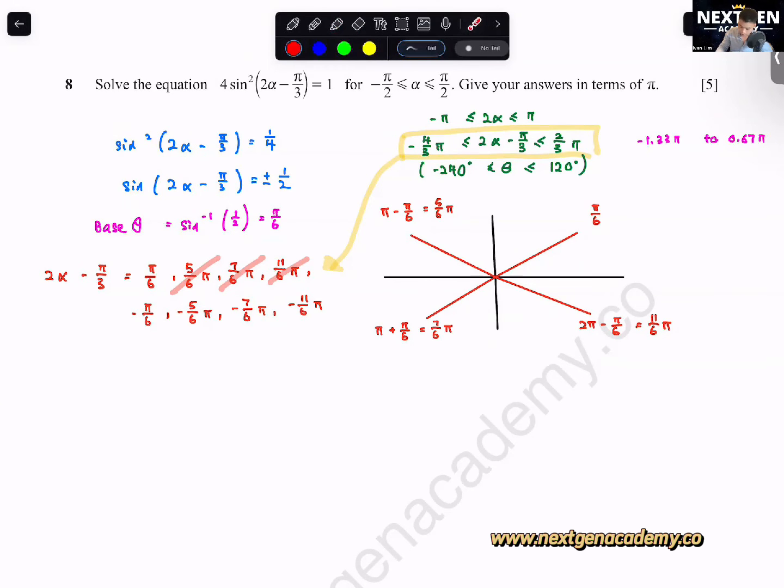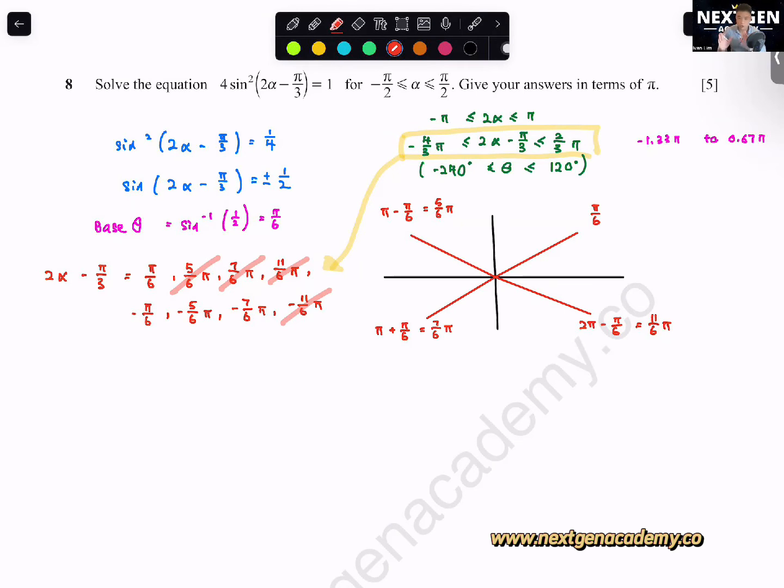This one also okay. Negative 11/6, this is negative 1.833. Okay, so this one not okay. This is out of the range. So I find all the values first, then I see which one is within the range. But if you know how to immediately find within the range itself, you don't need to do this method.